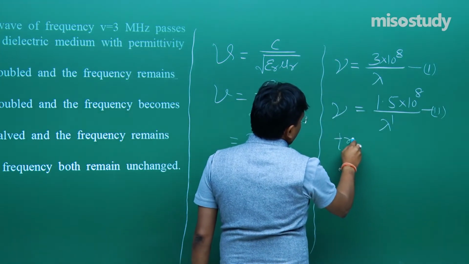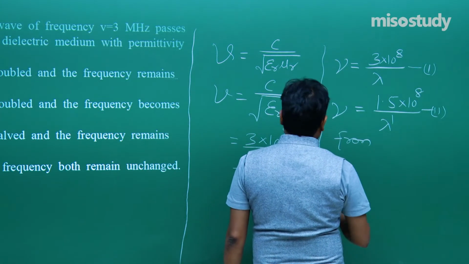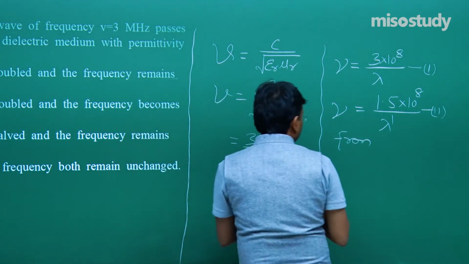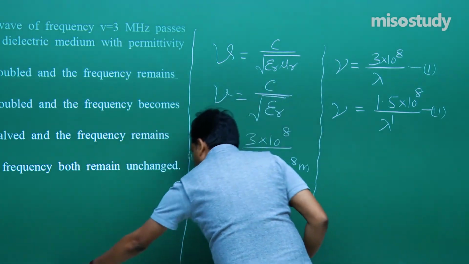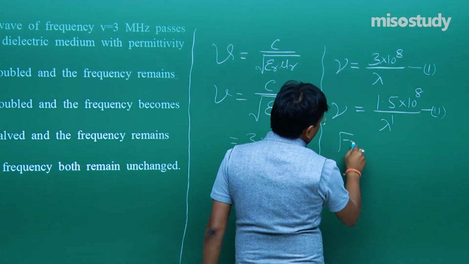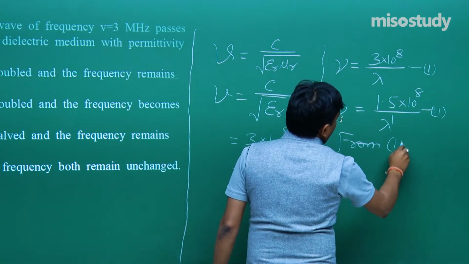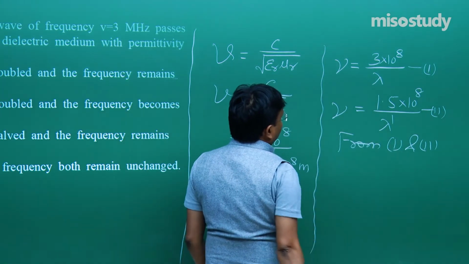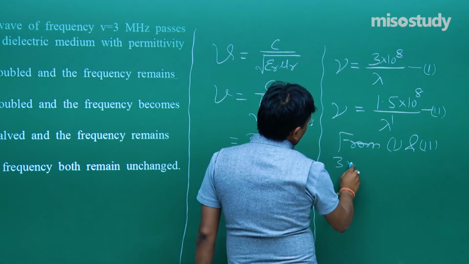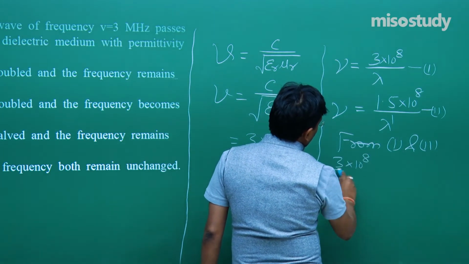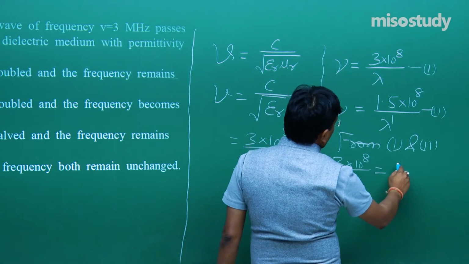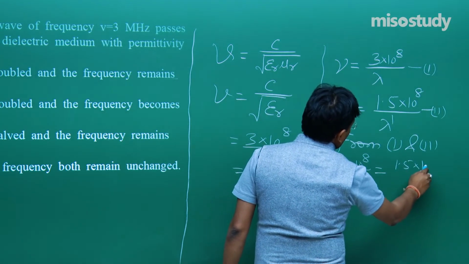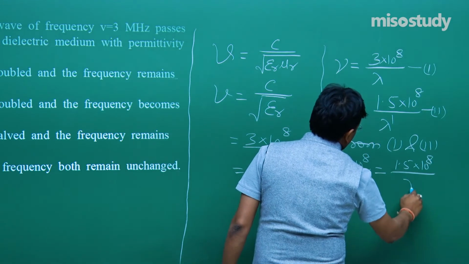So from 1 and 2, we can say that 3 into 10 to the power 8 upon lambda is equal to 1.5 into 10 to the power 8 upon lambda prime.